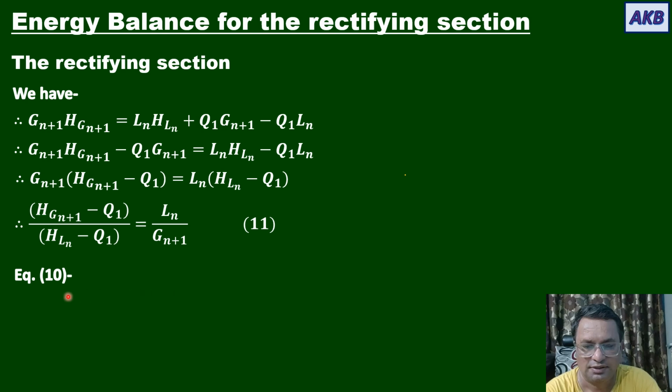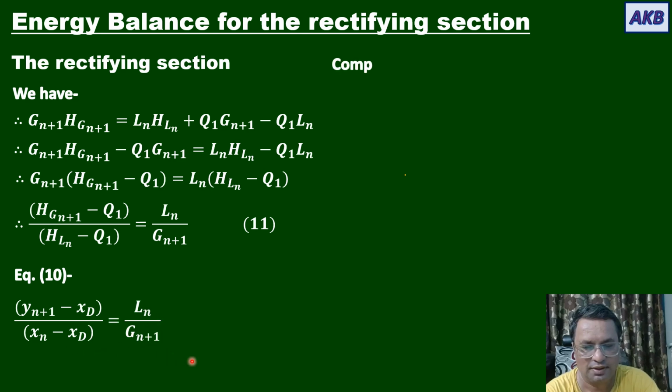Okay. So previously we got equation 10. What was that? (Yn+1 minus Xd) divided by (Xn minus Xd) = Ln upon Gn+1. So now you can compare equation 10 and 11. Each of the equations has this term Ln upon Gn+1.